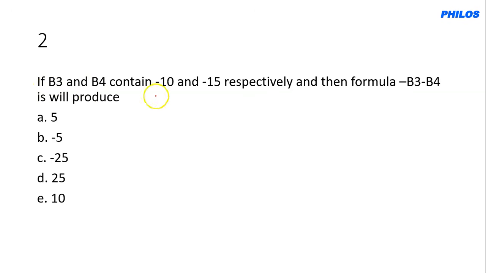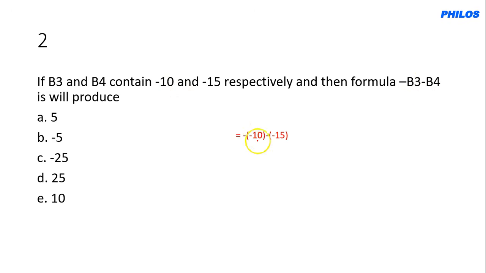Question 2 says, if B3 and B4 contain -10 and -15 respectively, then the formula -B3-B4 will produce. Now to solve this, since B3 is -10 and B4 is -15, we replace them into this formula.